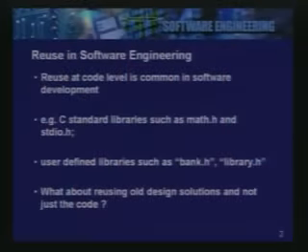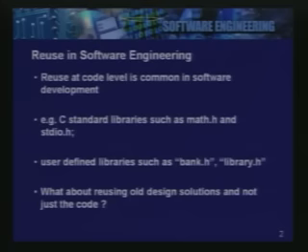So if we look at reuse in software engineering in general, we can see that reuse at code level is very common in software development. In this slide, we can see that reuse in software engineering can be obtained at various levels. The most commonly occurring reuse is at code level. We reuse code.